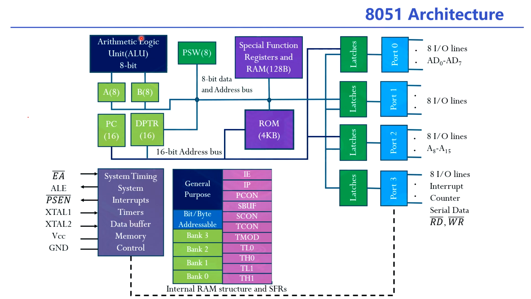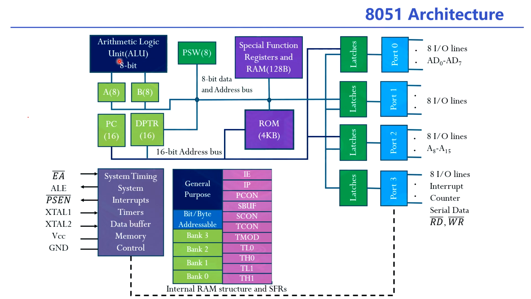So from this I can conclude that the arithmetic logic unit takes two inputs. One is from the accumulator, and the other is from any 8-bit register available in the 8051 microcontroller, or an immediate number, or any 8-bit data from a memory location, either ROM or RAM.